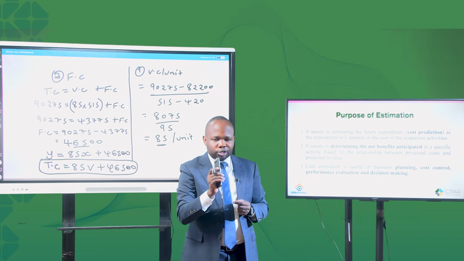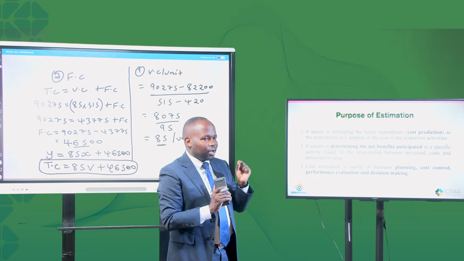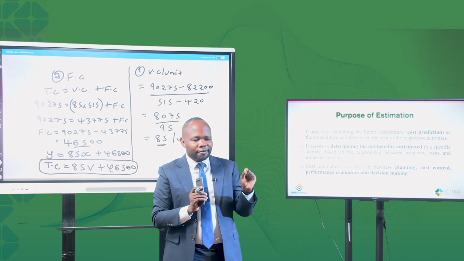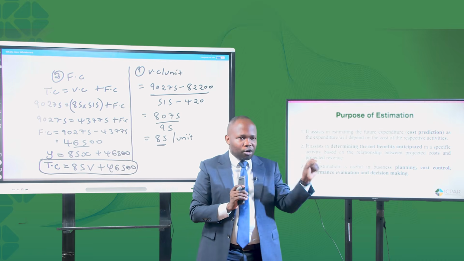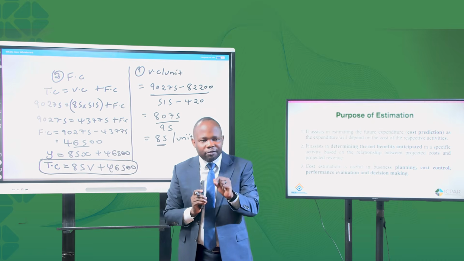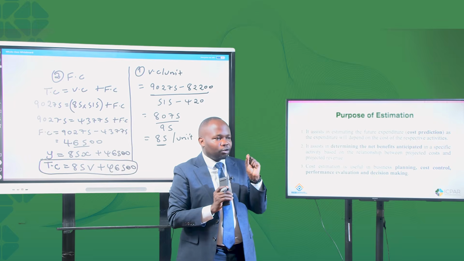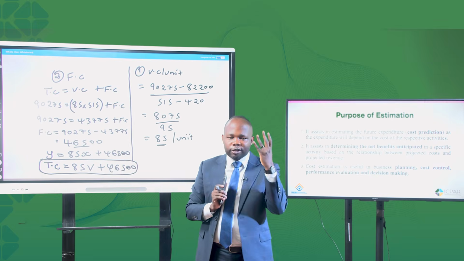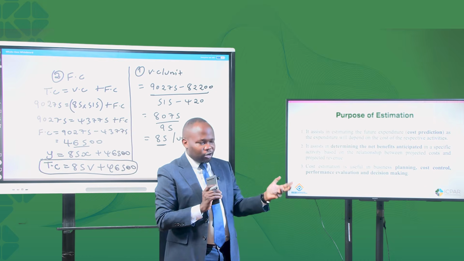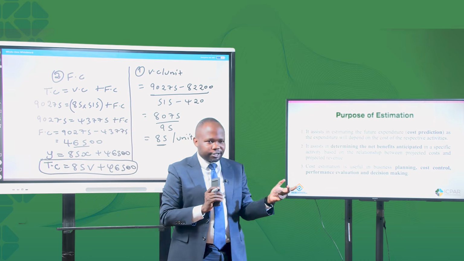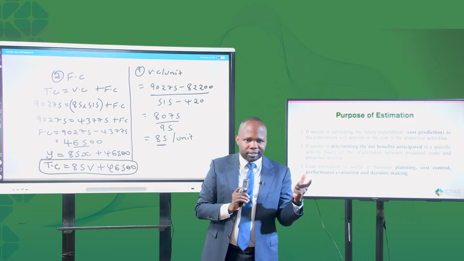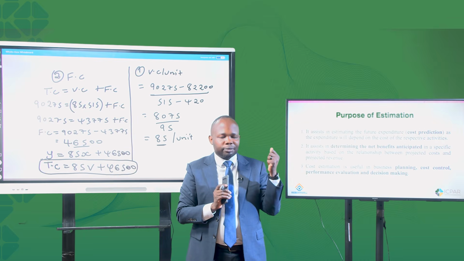In conclusion, what have we looked at? We have said that cost behavior is the reaction of cost to a given activity: increase, decrease or remain constant. When looking at cost behavior, you need to know 4 types of costs: fixed cost, variable cost, semi-variable cost, and stepped cost.